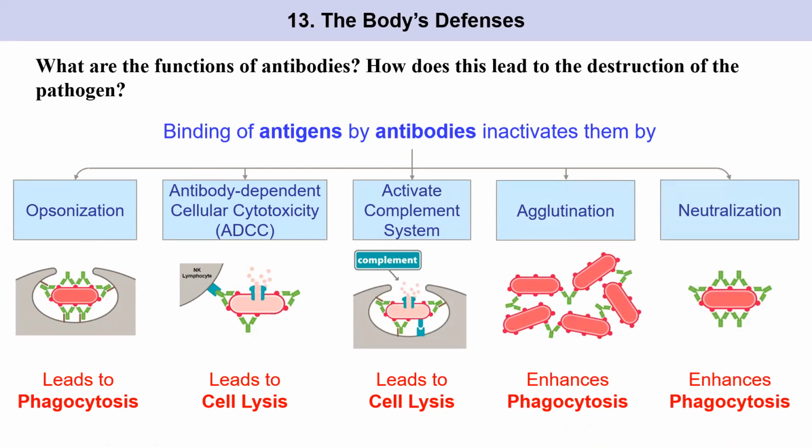In the case of toxins, if you have immunity against, like I said, tetanus toxin, the antibodies can neutralize it, meaning binding the toxin, preventing the toxin from doing its nasty business. And that will often enhance and lead to phagocytosis. So you can see with antibodies, really it's leading to one of two scenarios. In most cases, we're talking about phagocytosis. In some cases, we're talking about cytotoxic killing of some sort.